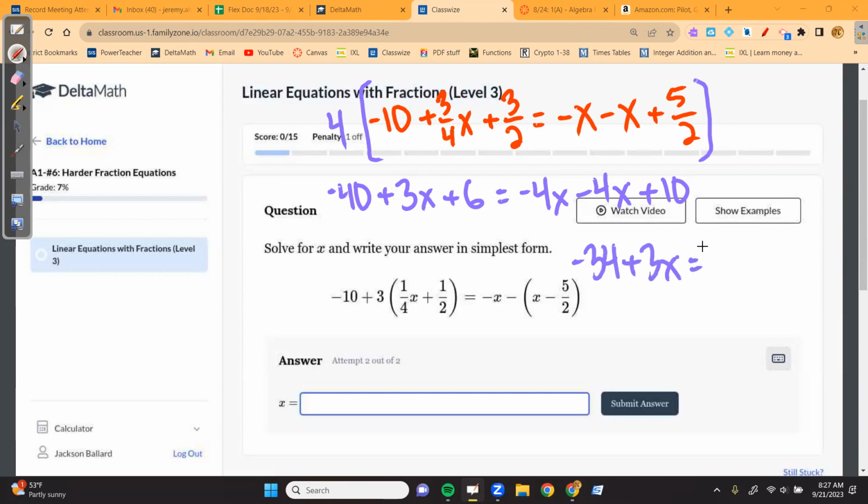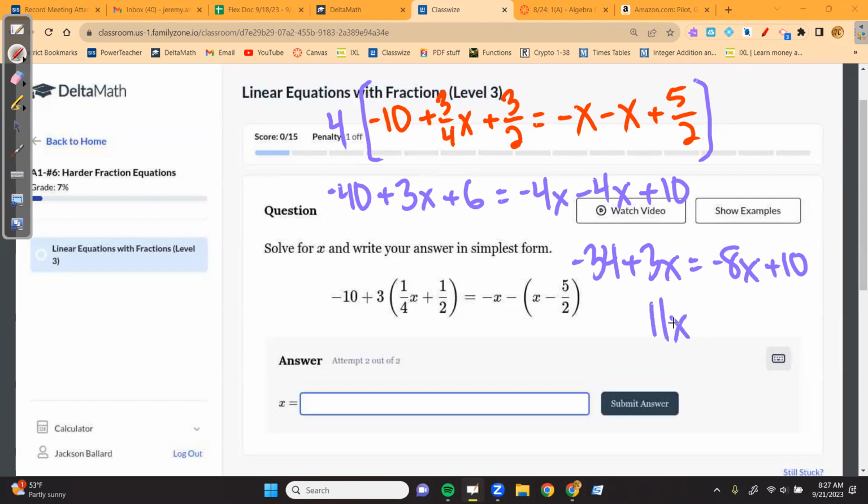And on the right side, Jackson, what do we get? Yeah. Now who should we move? You say -8x. So we're going to add 8x to both sides, and that's going to give us 11x's over here.